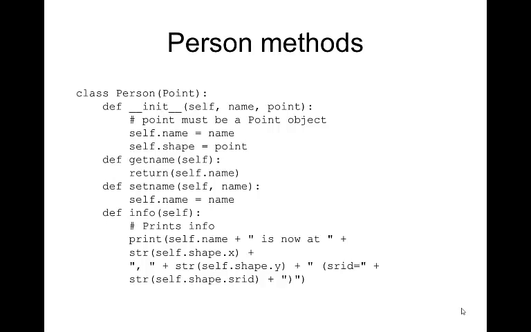Notice we've got self.shape, which gets the shape attribute, which is the point object, from which we then get the X value. Then we do that plus string of Y, and that will print out information about our person.